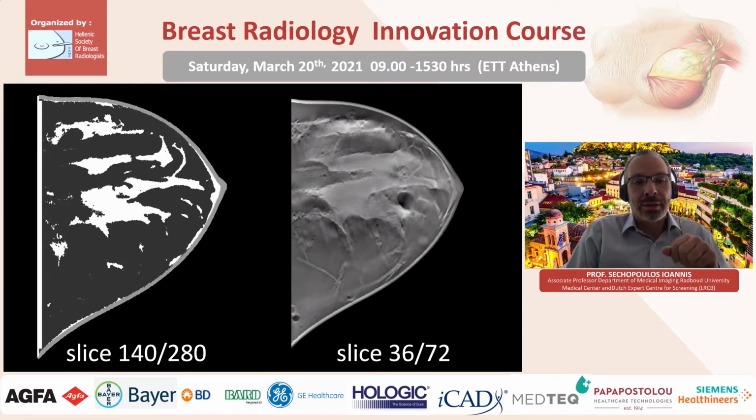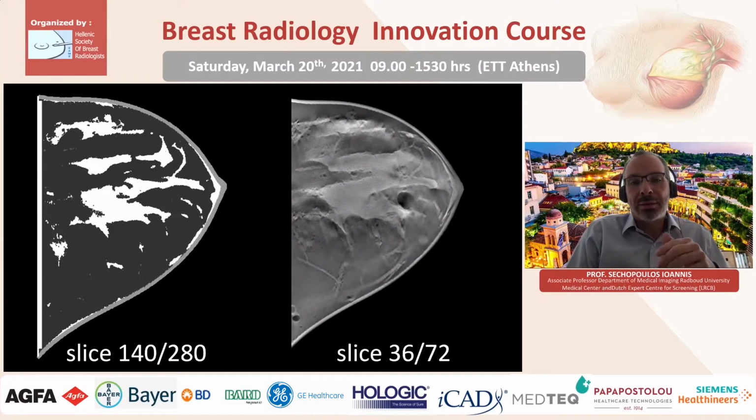On the left, you see the central slice, which is a very thin slice of the breast phantom as it was sent to the 3D printer to be printed. The white pattern represents the glandular tissue, and the darker gray is the adipose tissue.